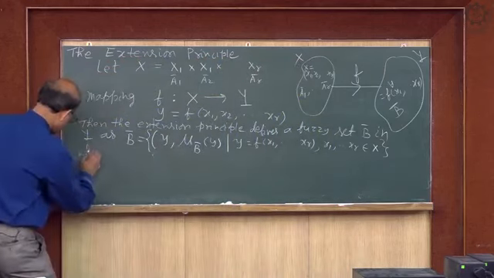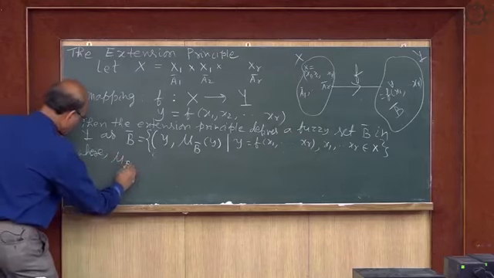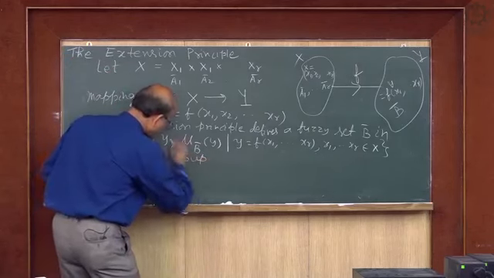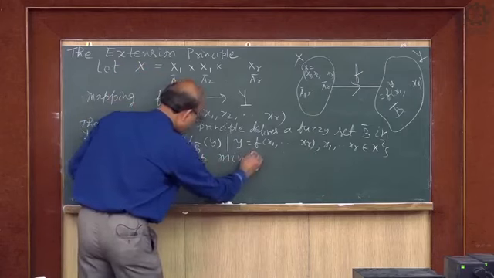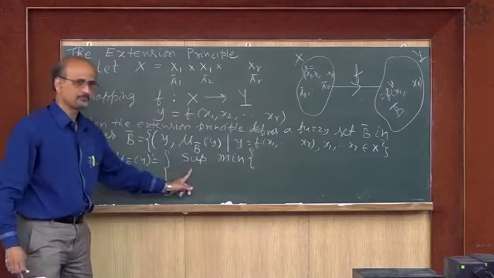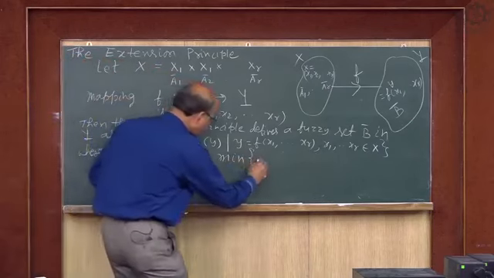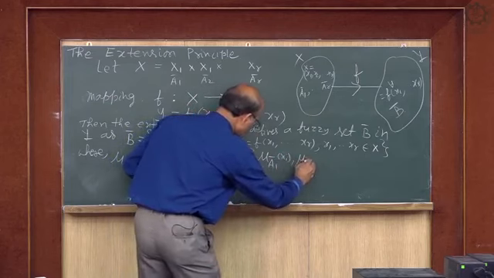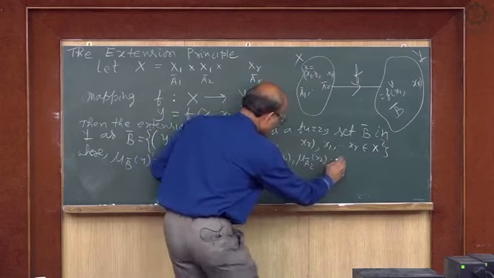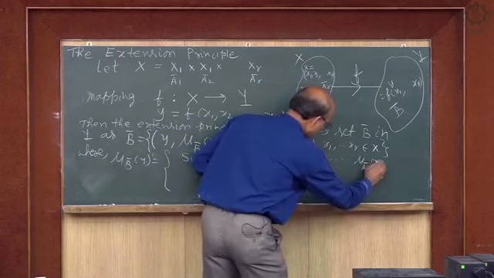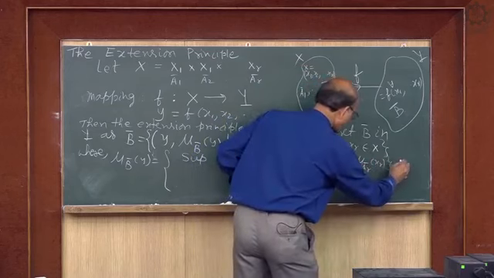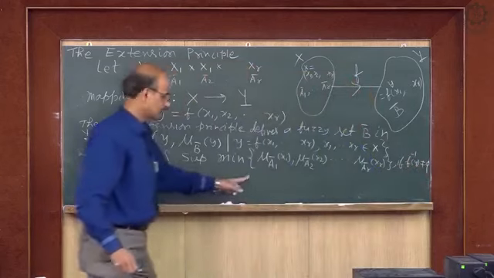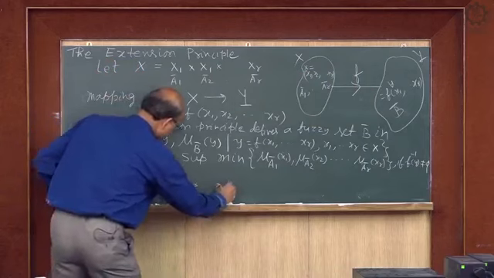Mu B bar of y is the sup of the minimum of mu A1 bar x1, mu A2 bar x2, ..., mu Ar bar xr, if f inverse y is not equal to the null set, and is equal to 0 otherwise.